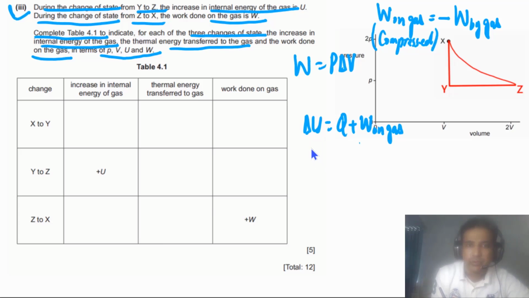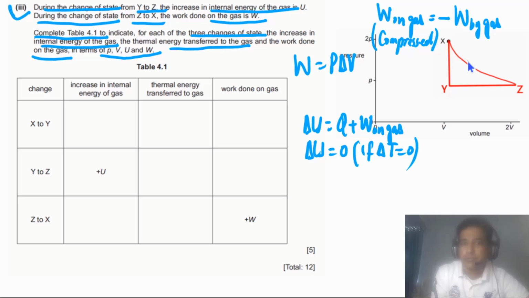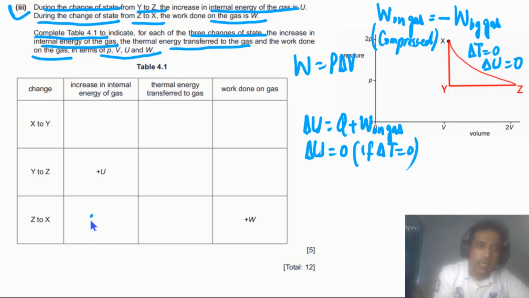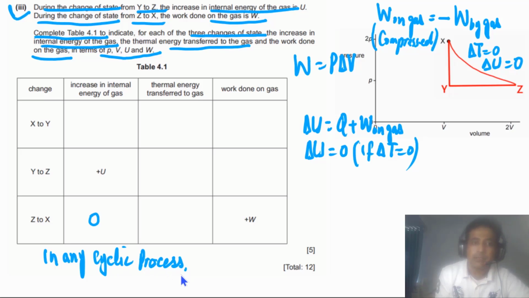One thing more we need to understand: delta U is equal to 0 if delta T is equal to 0. As in this case, from Z to X, in this process delta T is equal to 0. It means that delta U is also equal to 0 from Z to X. Now we also need to understand that in any cyclic process, in one complete cycle, delta U is also equal to 0.